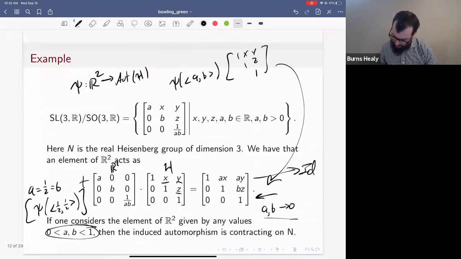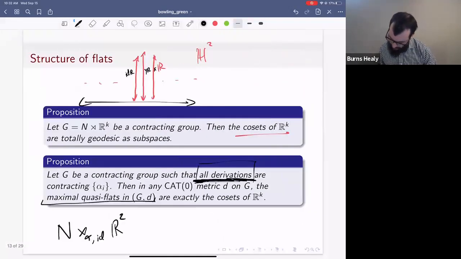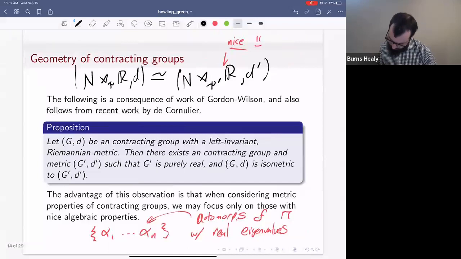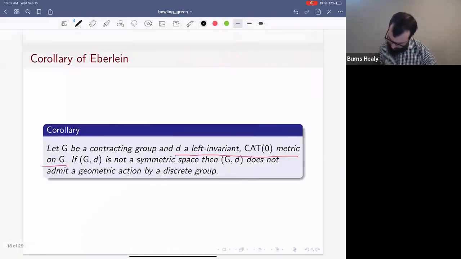That's the reason this result has to have the caveat: if you don't end up with a symmetric space, then blah blah blah. Because a priori you could have accidentally chosen a Lie group that acts transitively on a symmetric space. So that's why we need this result.